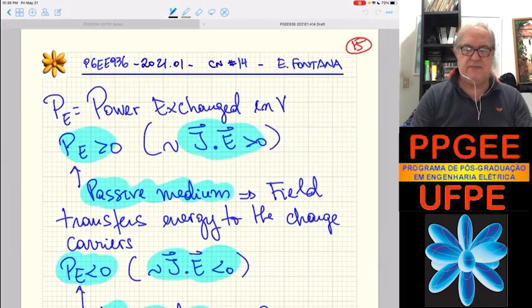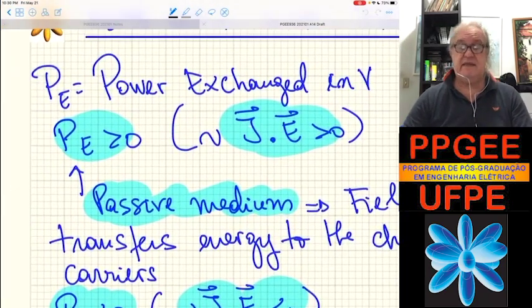If this integral is positive or negative, right? Let's say that J is mostly, dominantly, has a positive dot product with E across the volume, right? So it means that power is being given by the field to the carriers. So we have a passive medium.